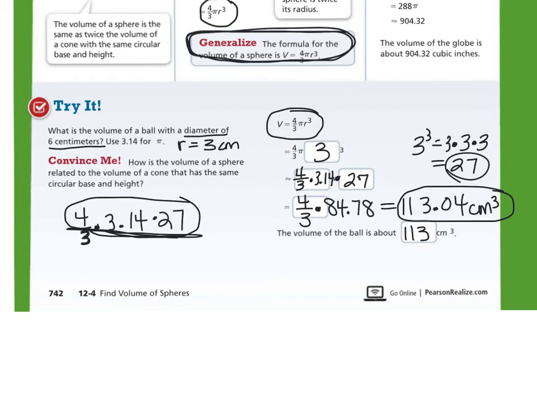So 4 times pi times 27, and then divide that by 3. That's how you're going to get to the last step here, which is 113.04 centimeters cubed. So the volume of the ball is about 113 cubic centimeters.